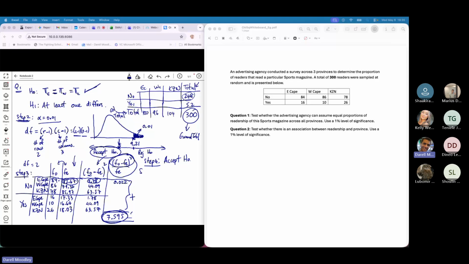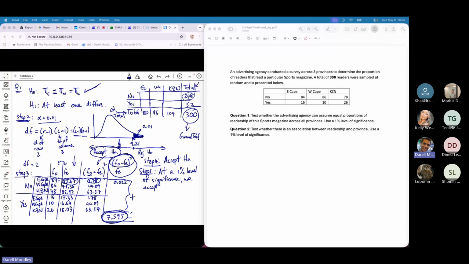Step 5 is the final step, and that is to just write it in words. If you recall from last week, I emphasized that you should start off with your level of significance. So you would say, at a 1% level of significance, we accept H0, or you can say do not reject H0.